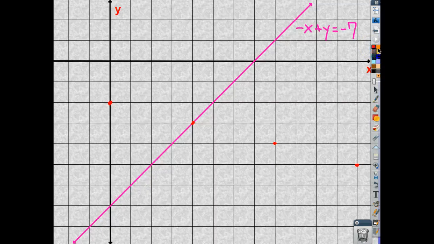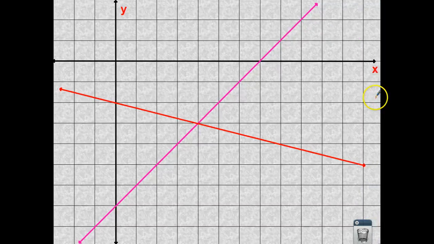Get out the red line. Run it through. Okay, looks like we have an intersection point here. And let's label that. So the intersection point of our two lines is the possible solution.